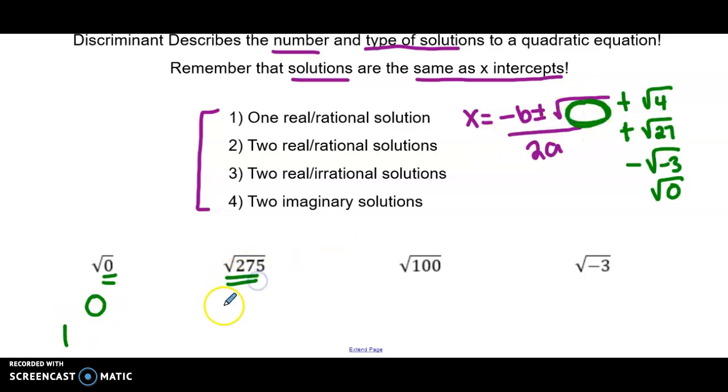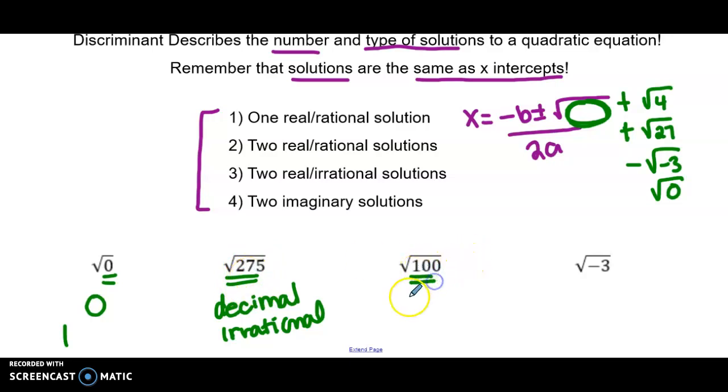If I take the square root of 275, that is going to give me some decimal, which is going to be an irrational number. The only way that I can get a rational number underneath my radical is if I have a perfect square. So anytime you have something under the radical that you cannot take a perfect square of, that's going to be irrational because that's some crazy decimal, okay?